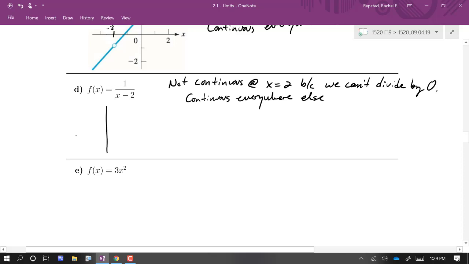If you graph it, it looks something like this. You have a little asymptote, and then this does something like this, and this. Like if you think about it, as I get really close to x equals 2, this becomes really close to 0.